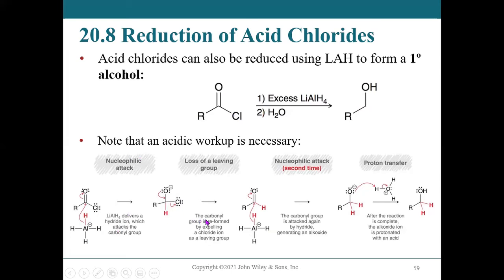The carbonyl group then reforms and expels the chloride, and we produce this intermediate aldehyde. Then a second nucleophilic attack from the hydride produces this tetrahedral intermediate. Protonation finally produces this alcohol.